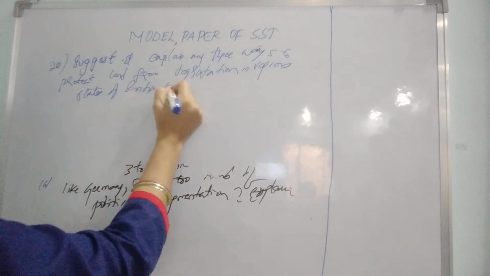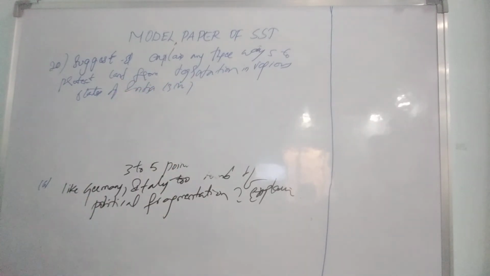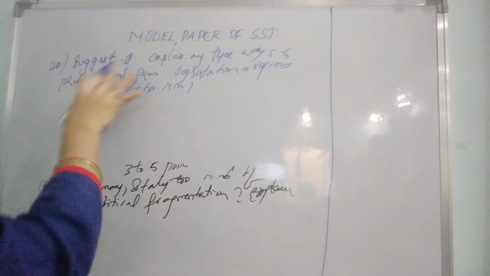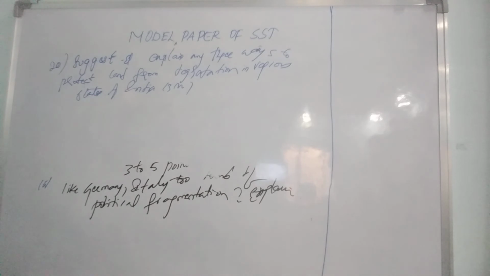This is also a 3 marks question. So we have to suggest and explain any 3 ways to protect land from degradation in various states of India.